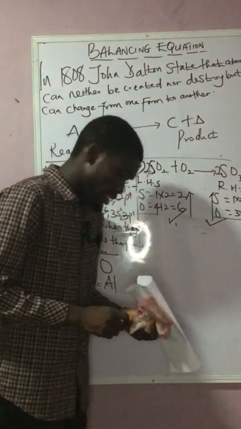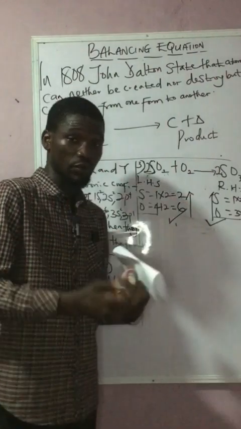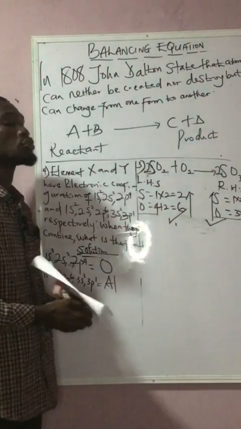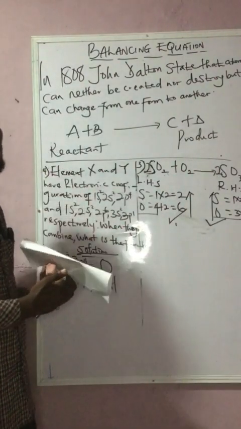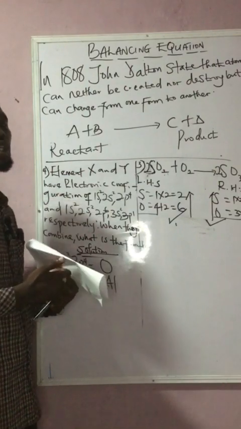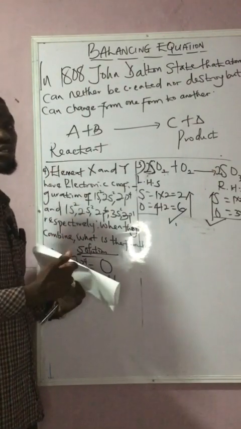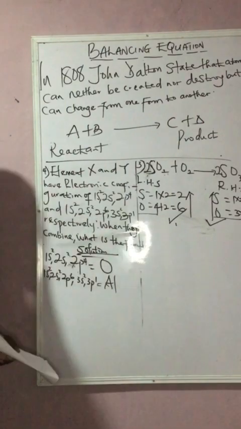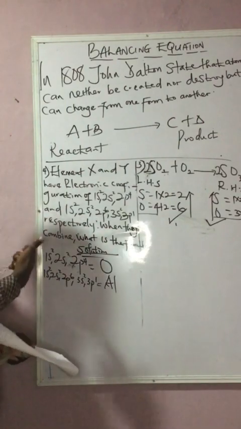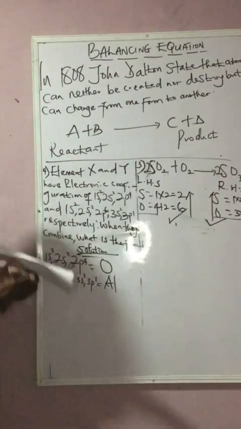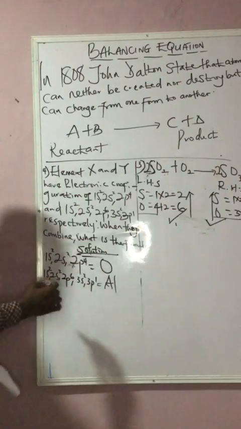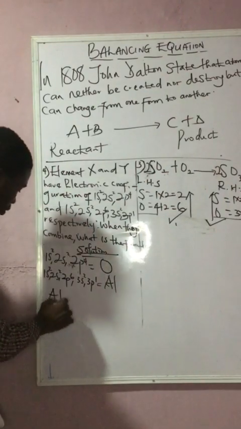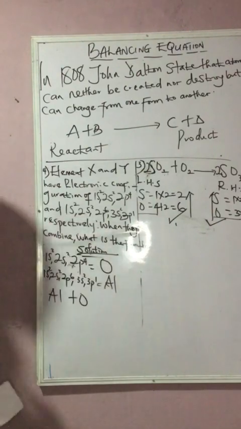So JAMBites, this is my advice for you if you are preparing for this forthcoming examination. You need to be familiar with the atomic number of the first 20 elements, from hydrogen down to calcium. So now, how did it combine, and what is the formula? So that's what we say: we have aluminium plus oxygen.